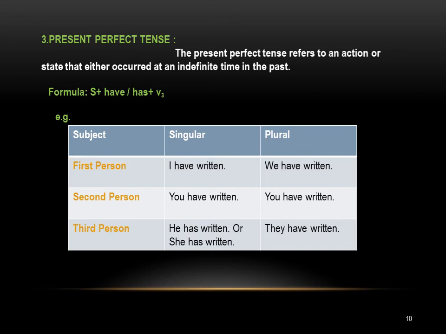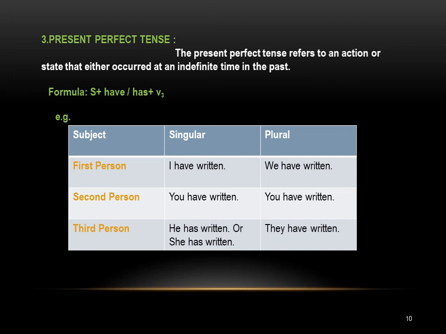Next, third person, singular column. See carefully. He has written or she has written. Here he is the subject, and we use has. He has. So has is what we use as the helping verb, and it is very important.